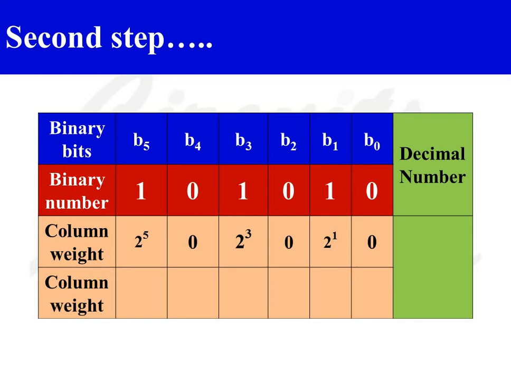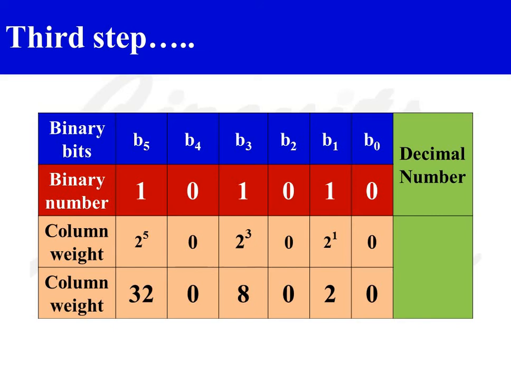For bits B5, B4, B3, B2, B1 and B0 respectively. In the fourth row, we have to enter the column weight as decimal values. So 32, 0, 8, 0, 2 and 0 are entered. So wherever there is a 1, we have to enter the column weight, and wherever there is a 0, simply put 0.